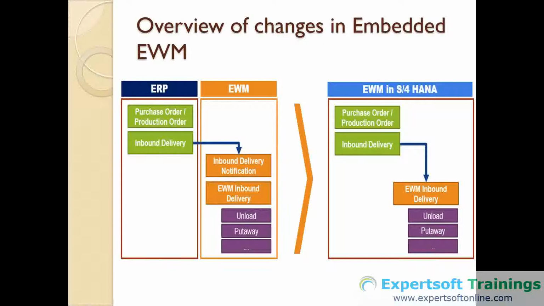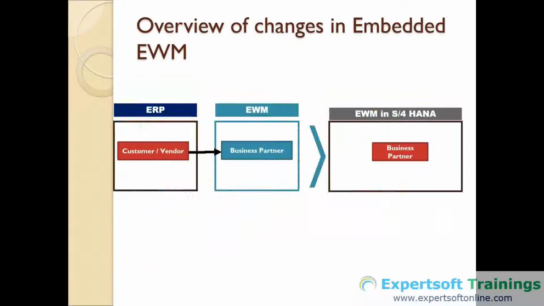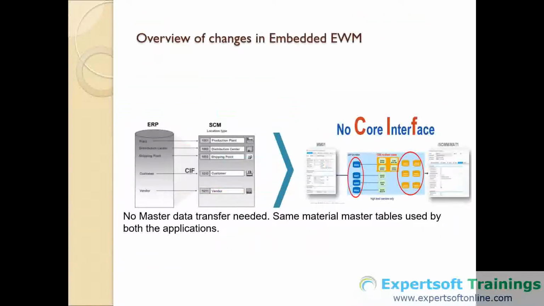Okay. So this is what I was trying to give you, the master data overview, guys. Because we had the decentralized versions earlier, we used to transfer each and every master data, like your plant, your shipping points, your customers and your vendors, your distribution centers, whatever it is, to the EWM system and create it there. But now this particular data, whatever we have in the embedded systems, is not required.